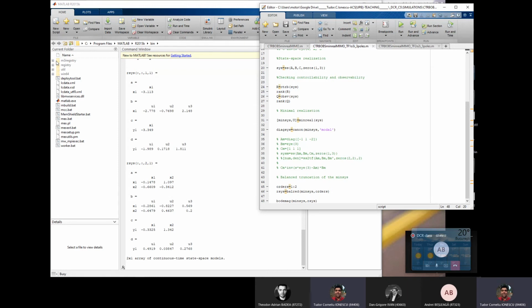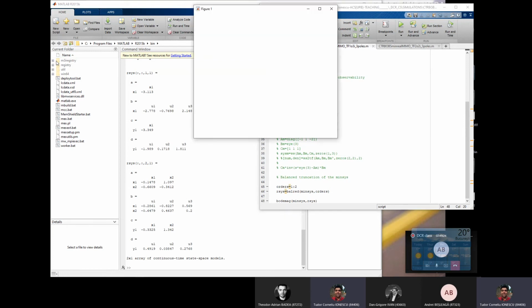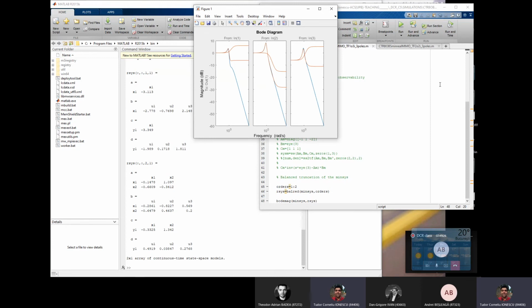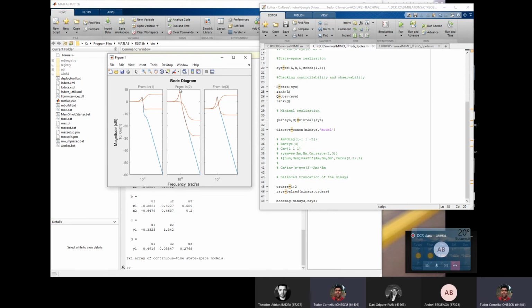Bode is the command showing frequency response of systems. Oh yeah, you have all of them. From input 1, because B has 3 inputs. This is for input 1, 2, and 3 to output 1.